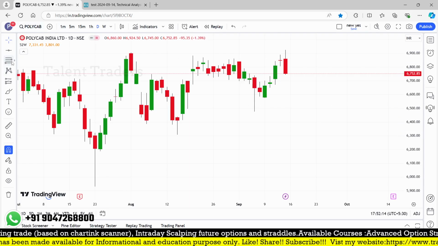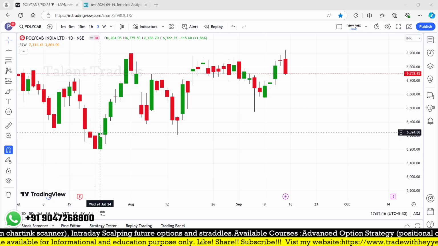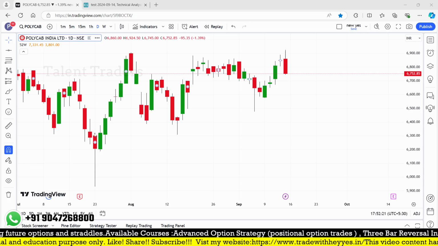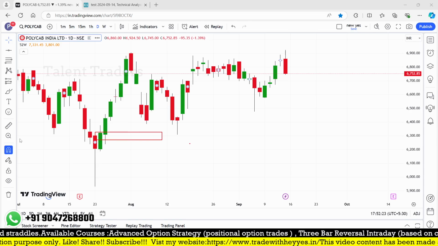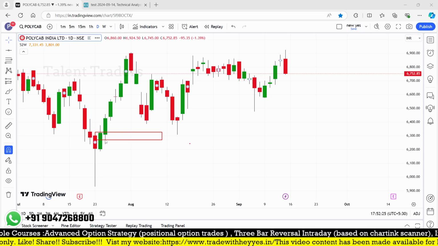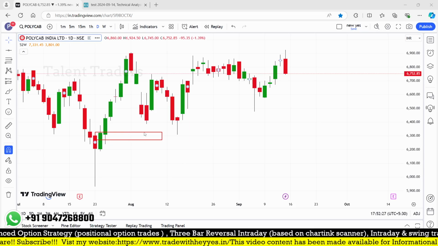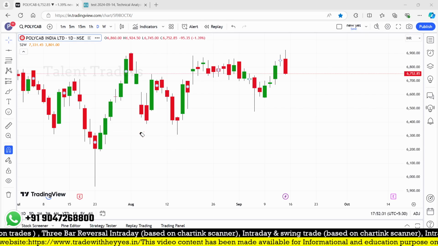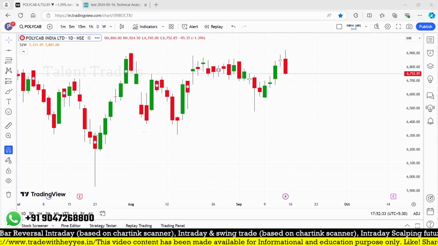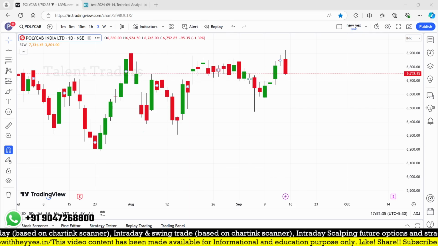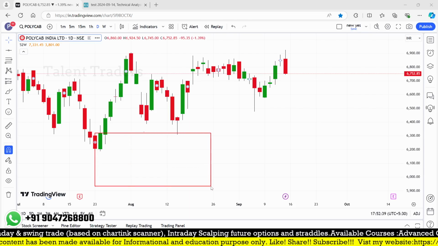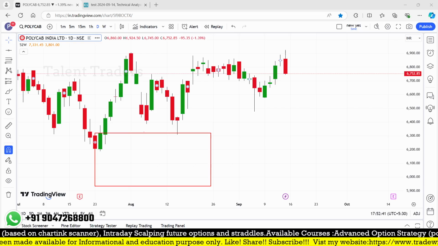And here you can see, this is a perfect one. So this zone, this should be the zone here. It tested here, perfectly tested at the bottom, and from that point it is moving well.